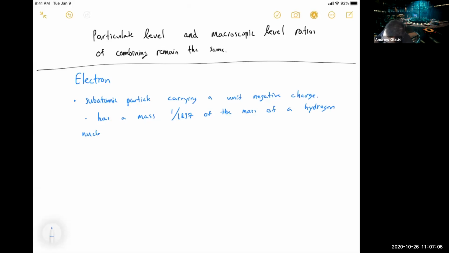So that is very small compared to the nucleus. And it's found outside of the core of the atom, which is the nucleus.